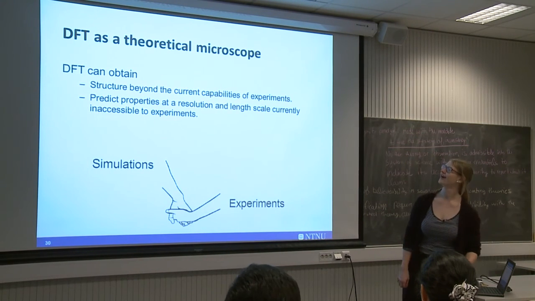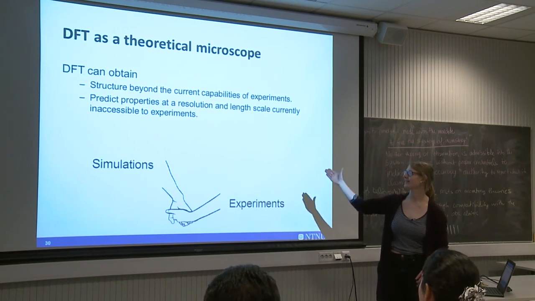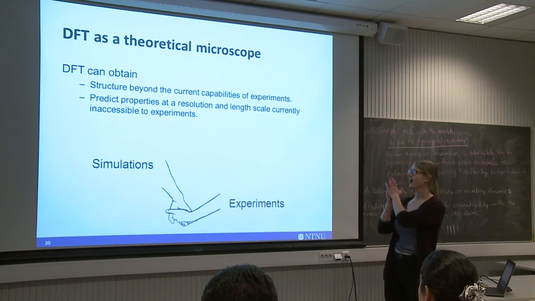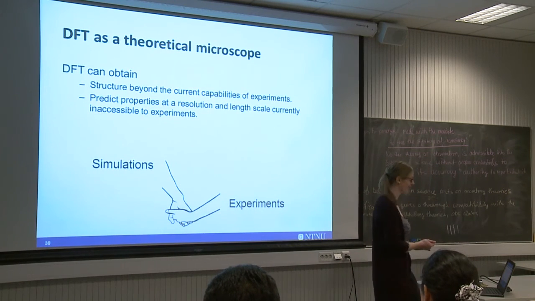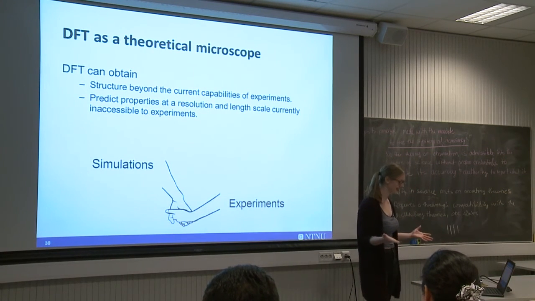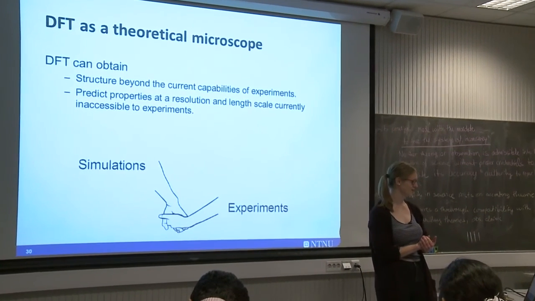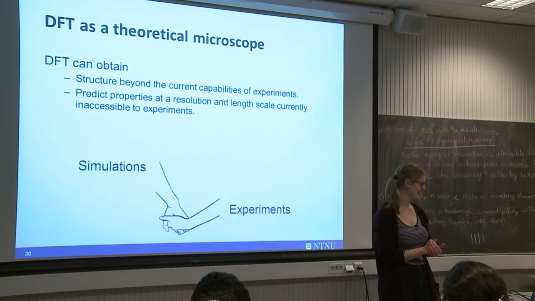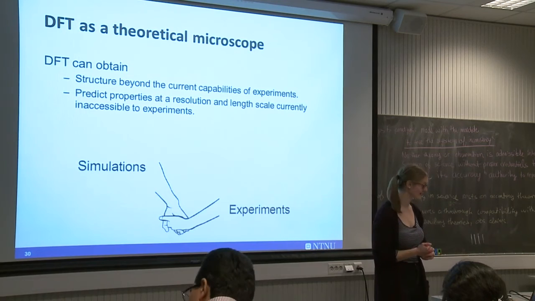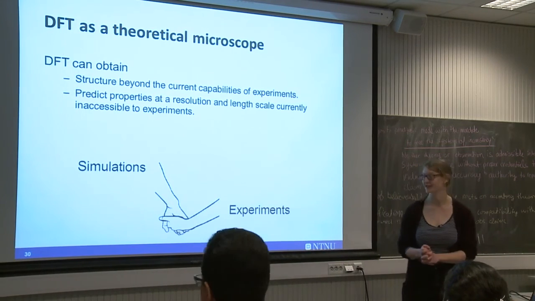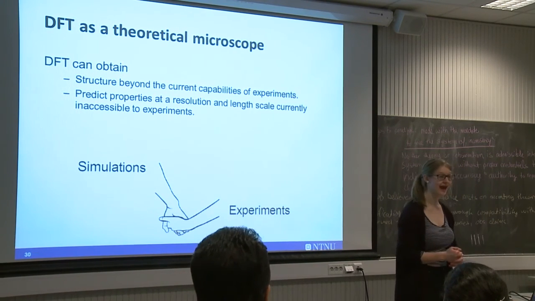That's cool. So the point is, with DFT, you can obtain structure beyond the current capabilities of experiments, and you can predict properties at a resolution and length scale currently inaccessible to experiments. But of course, it all goes hand in hand.